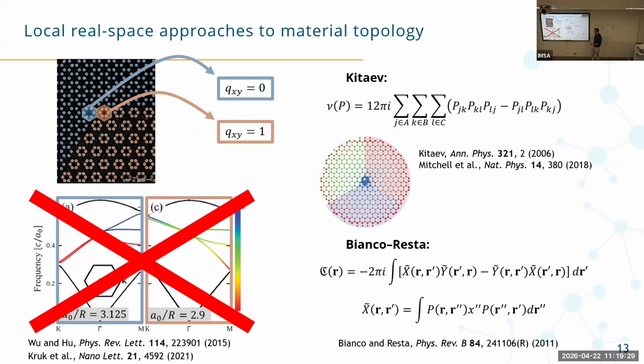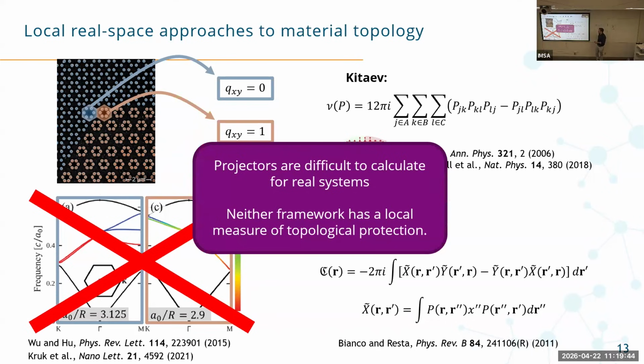As Emil was saying and introduced us to, there are a variety of known ways, at least for Chern numbers, to calculate real space invariants. Vitaly introduced one. Yanko and Rasta had a seminal paper 5 years later. The challenge from my perspective is that they rely on projectors, and projectors are difficult to calculate for real systems.